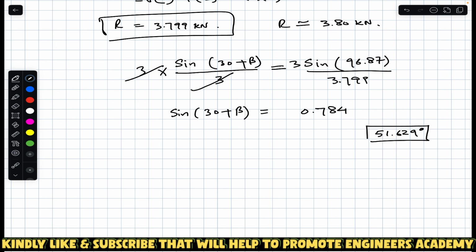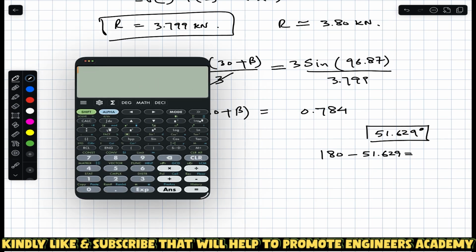Now remember that the sine of supplementary angles is always equal. So if I subtract this angle, 180 minus 51.629, let me find this angle, and then I will explain what we need to do further.